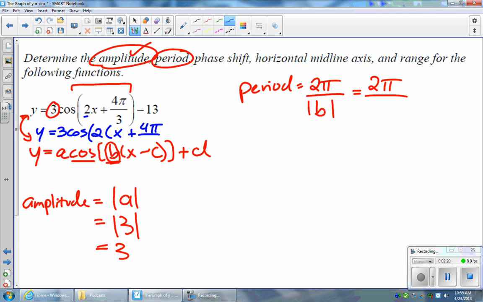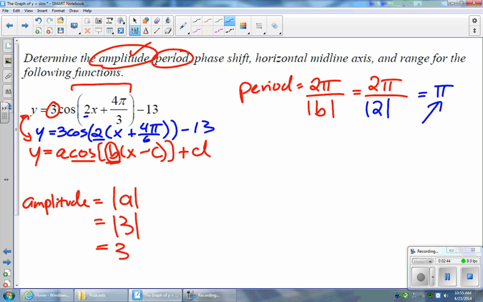So I get 4 pi over 6. That changes the game for your phase shift, which is why it's really important to always factor out your b. So my b value is still 2. So it's 2 pi over the absolute value of 2, which gives me a period of just pi. Every pi radians, my graph starts to repeat itself.